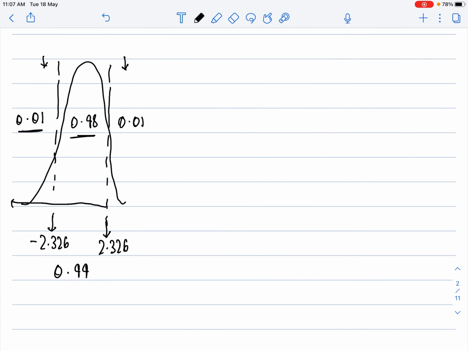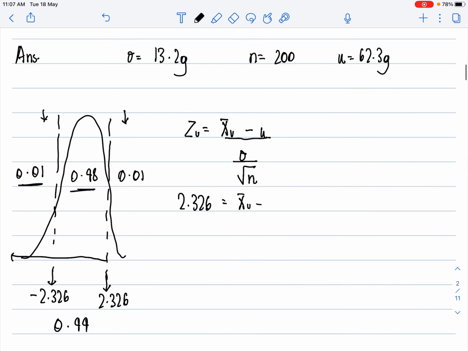Now my formula is simply the upper z equals the upper limit minus the mean over the standard deviation over root n. So I have 2.326 equals upper limit minus the mean, which is 62.3, over 13.2 over root of 200.